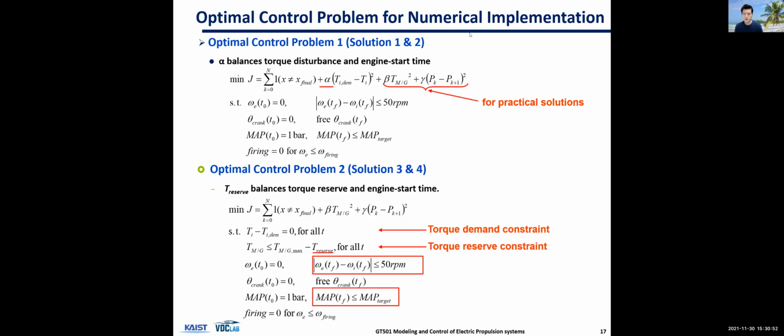Okay. For instance, we want to make sure clutch pressure doesn't oscillate, doesn't fluctuate too much. You know, pressure can be very noisy, right? The solution can be very noisy. And then we also want to reduce MG torque, motor torque.